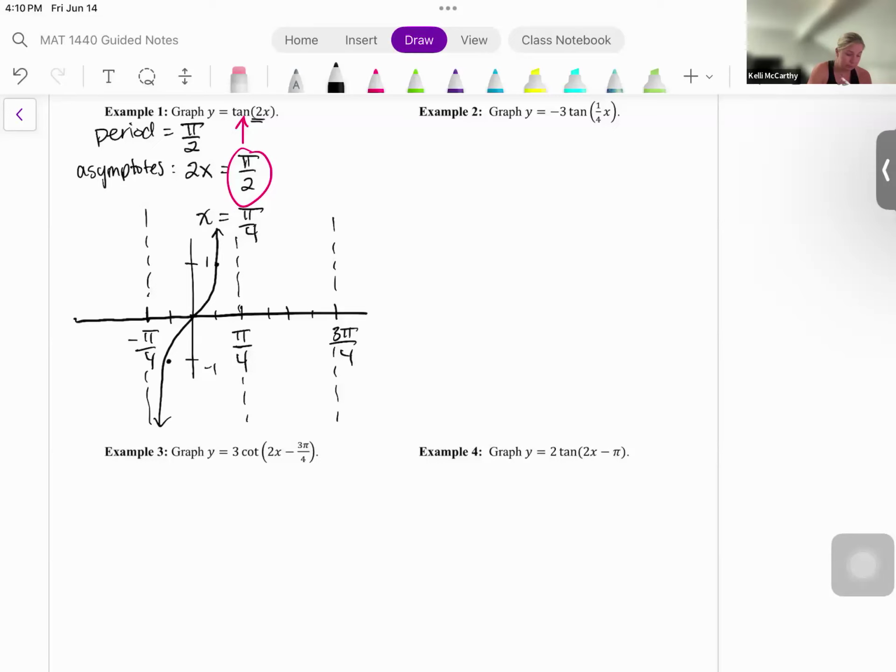Same with the next period: at that first tick mark past pi over 4, we're at that value of -1, then we're at our midline, then we're at +1. So this is illustrating 2 periods of y equals tangent 2x.